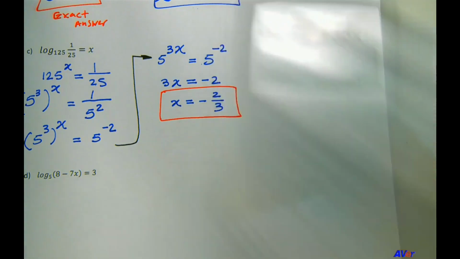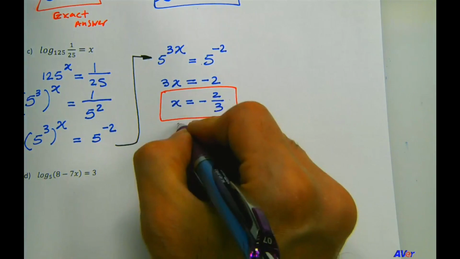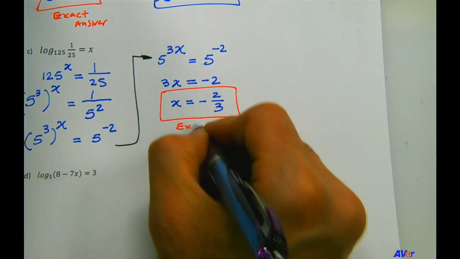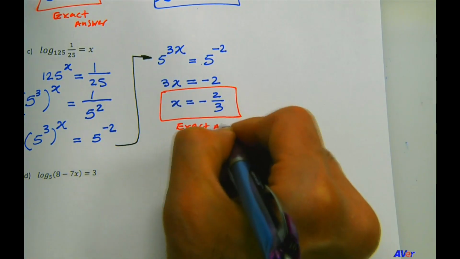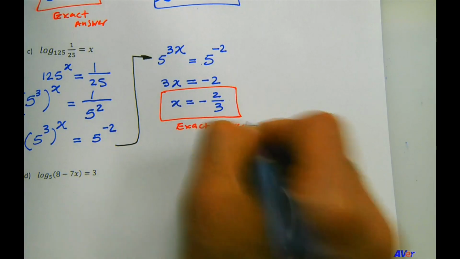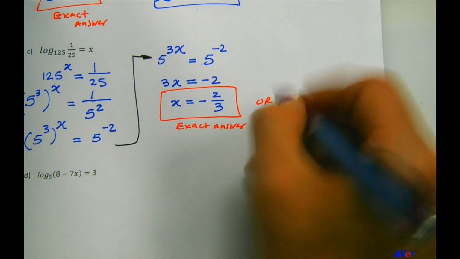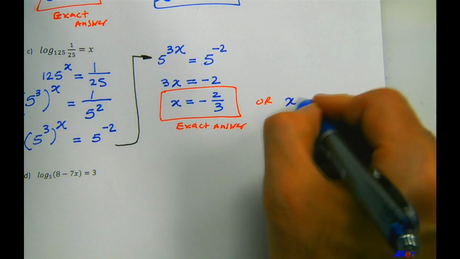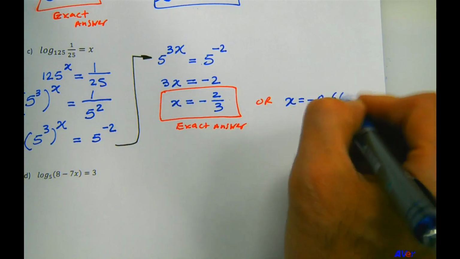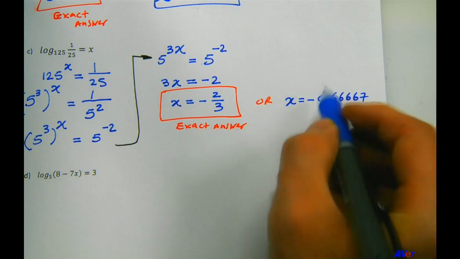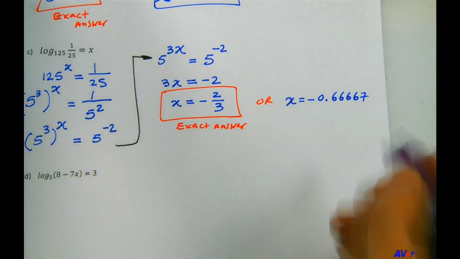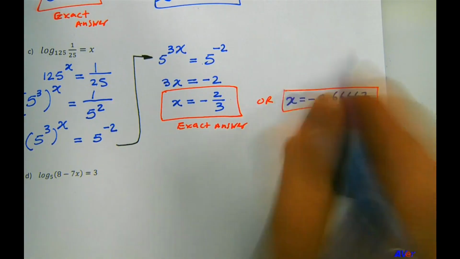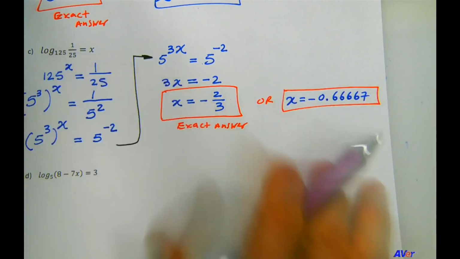If you like, we can write it down. So this is the exact answer, or x equals -0.66667, something like that, like this. Okay. If you check back, does it make sense?